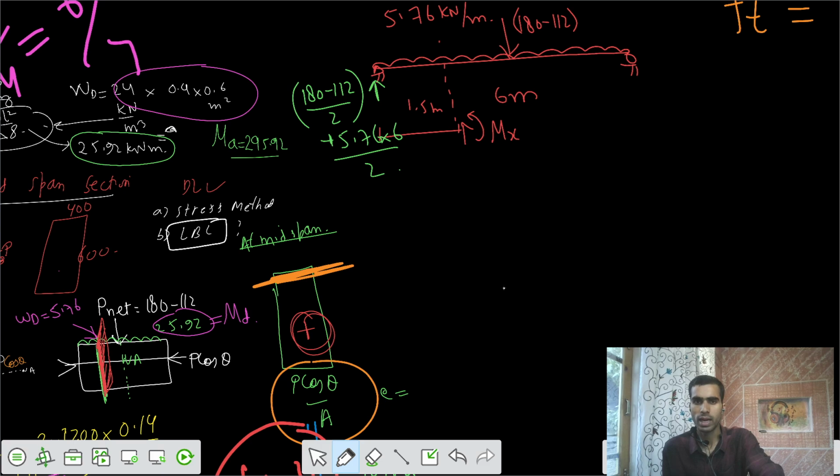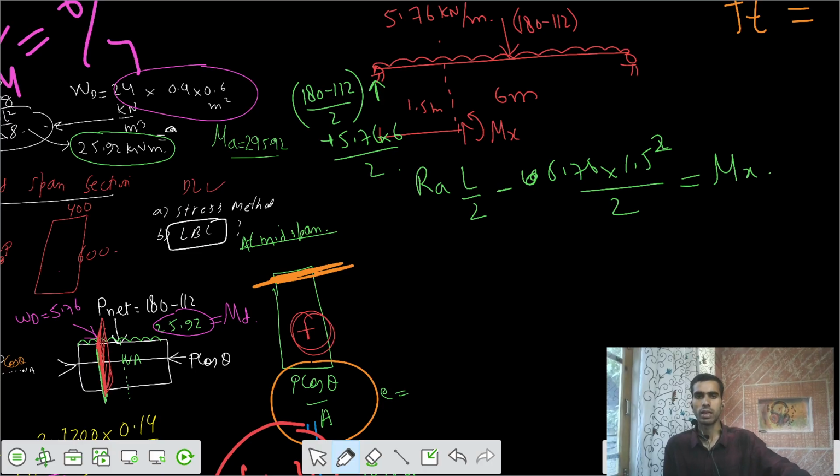So this is your reaction A. The moment is equal to reaction A times x, clockwise positive, minus the UDL of 5.76 into x square by 2. Let's calculate that value.